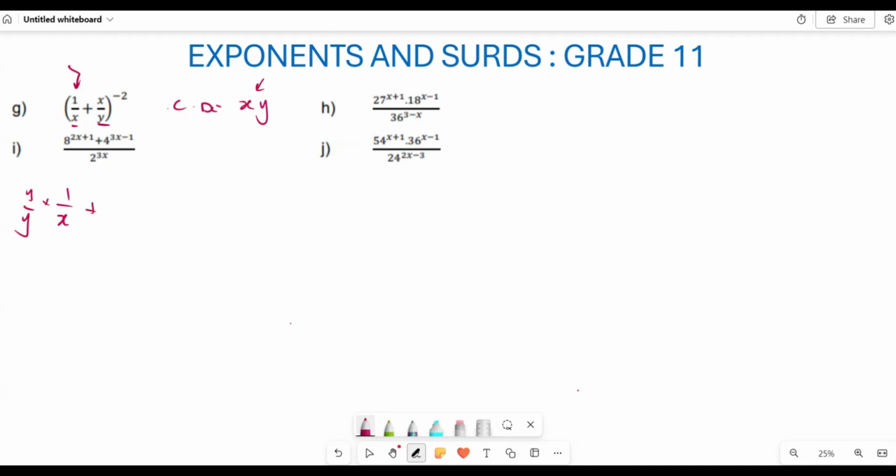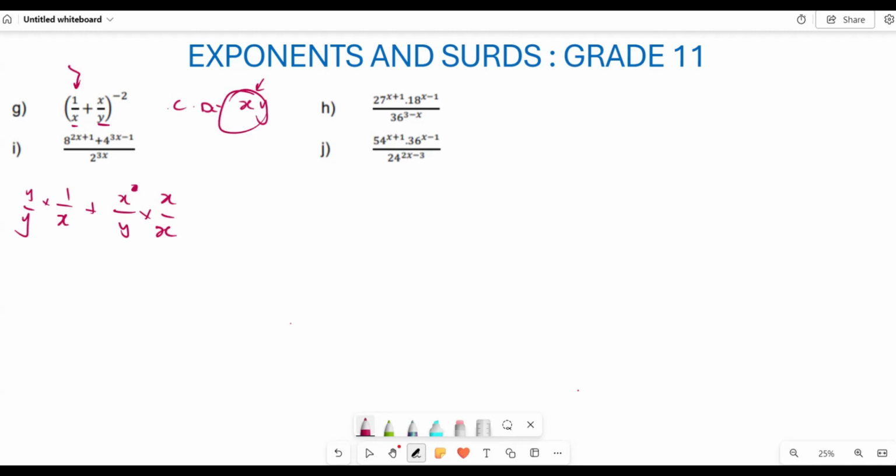This is going to be plus, and on this side now, what is it that you are going to have here? This is x over y multiplied by what? Here you're going to multiply by x, and you multiply by x because we want to have the denominator of xy.